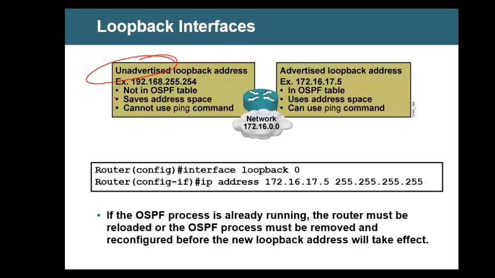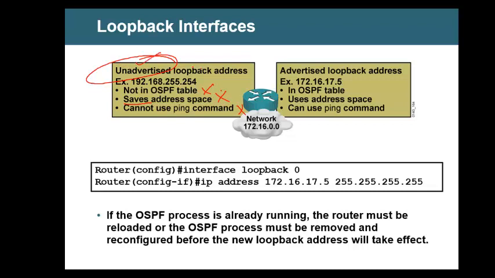It will not be advertised, so no address is consumed, no space is consumed, so it saves the space. It won't be in the OSPF table, only as a router ID it will be there. It won't be there as a network in the routing table or OSPF table. It cannot be pinged because you are not advertising the loopback interface in OSPF.